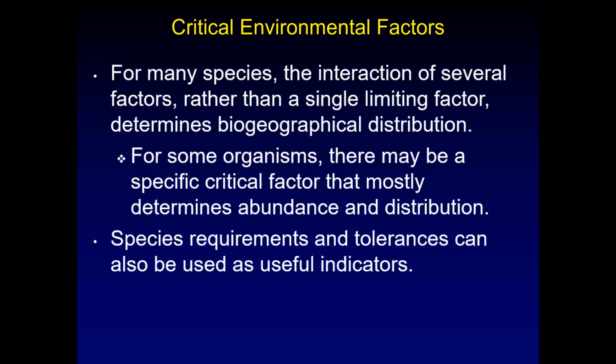Species requirements and tolerances can also be used as useful indicators. There are specific indicator species that we can use where, if you want to know the health of an ecosystem, you go out and find this specific species. If there's an abundance of that species, then that ecosystem tends to be healthy.